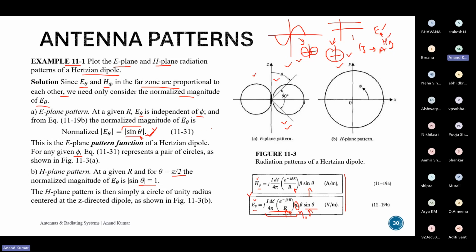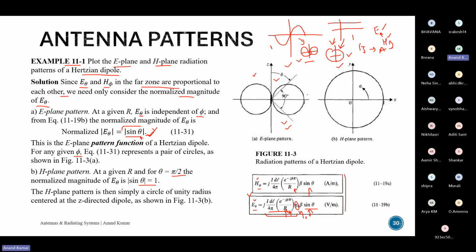You'll have to plot and see how the pattern looks. But over here, we can get some idea that a sine converts to something like this, and a constant converts to something like this in the spherical coordinate system, not the cylindrical.